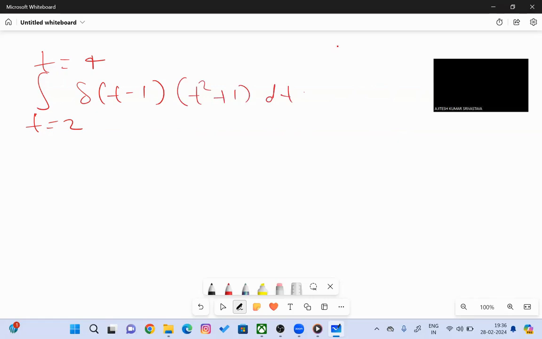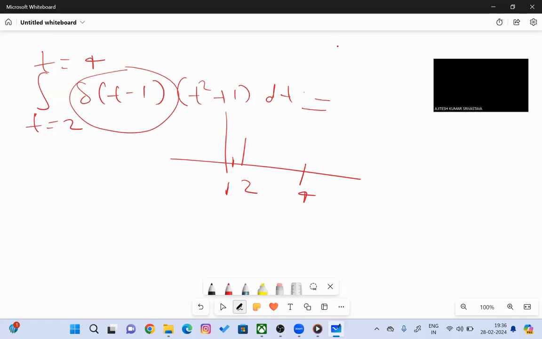So we are discussing that this integration is present from 2 to 4, but this delta function is present at 1. Otherwise its value is 0. So its value is already 0, and 0 multiplied with any function within a bounded limit, its answer is 0.